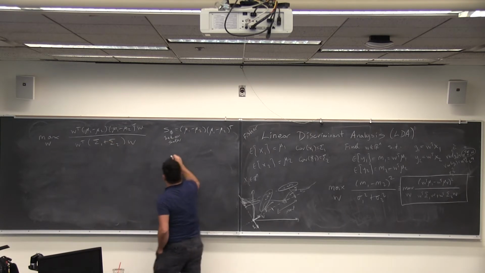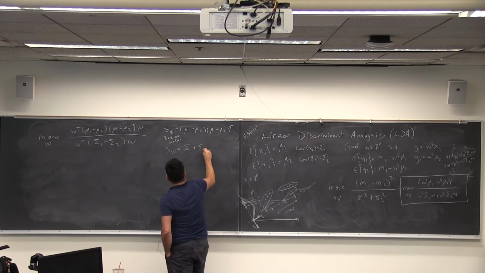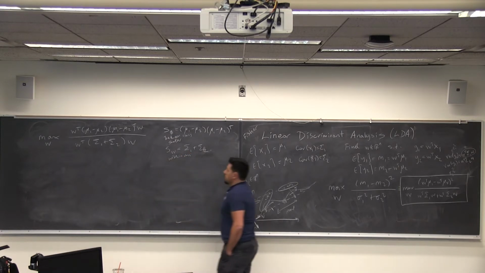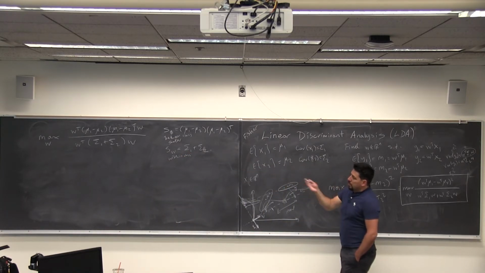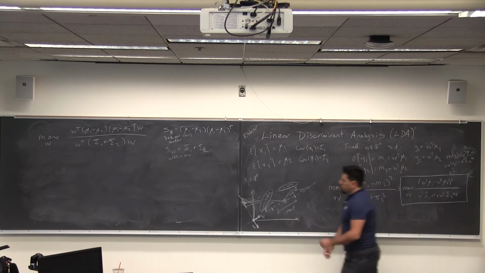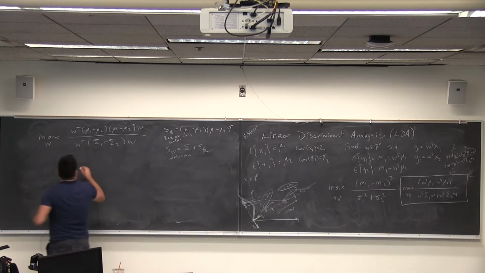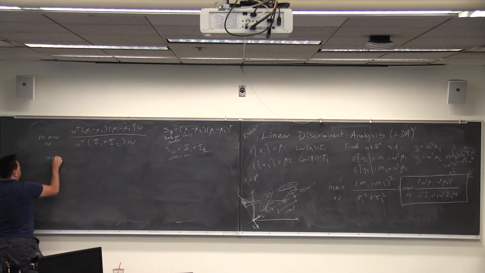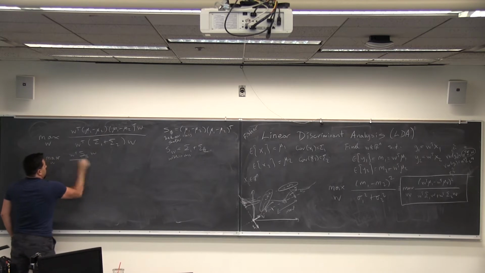And this thing in the denominator is the within-class scatter matrix. So this is between class and this is within class scatter matrix. They capture how the classes are separated and how much each class is spread within itself. That means I'm going to maximize W transpose S between W, over W transpose S within W.